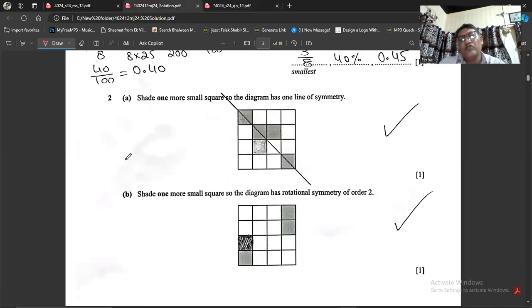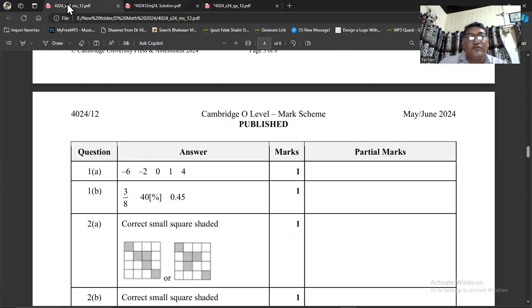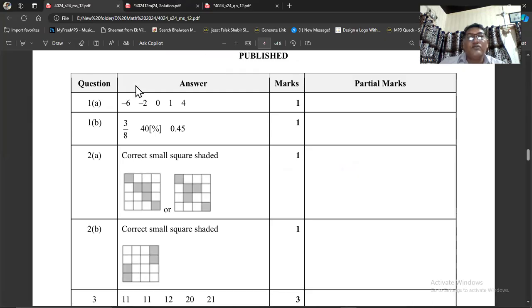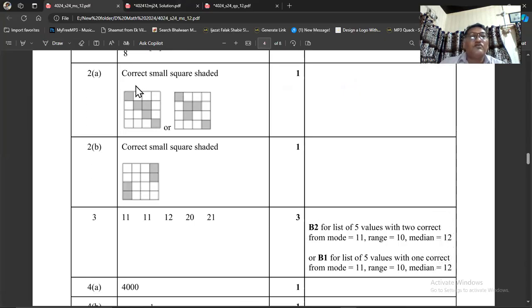So rotational symmetry of order 2 means that when you give it a complete rotation of 360 degrees, the figure will fit on its original mark twice. Okay, so this is done. So here you have the marking scheme. So I can show you question number 2.